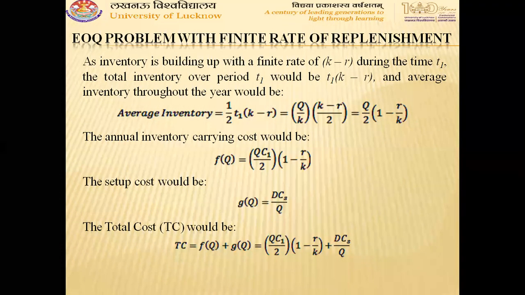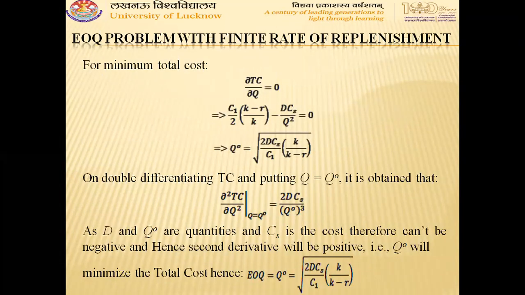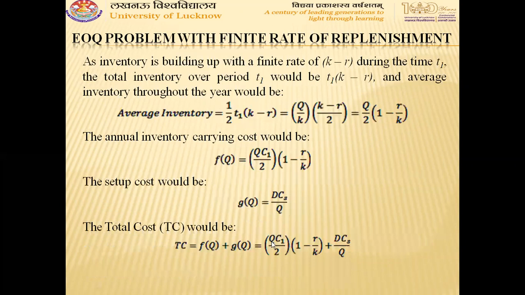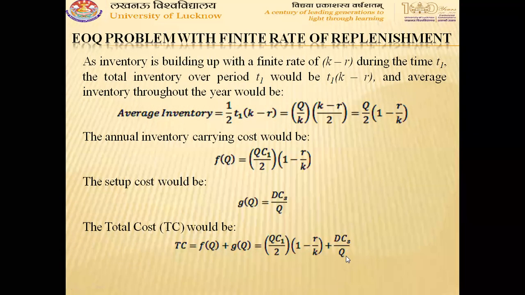Now EOQ is the quantity which minimizes the total cost. So for minimizing the total cost, we differentiate the total cost with respect to Q and put it equal to 0. That is, for minimum, del TC upon del Q equals 0. Differentiating with respect to Q, the first term gives C1 upon 2 into (1 minus R upon K), and the second term gives minus D CS upon Q square.